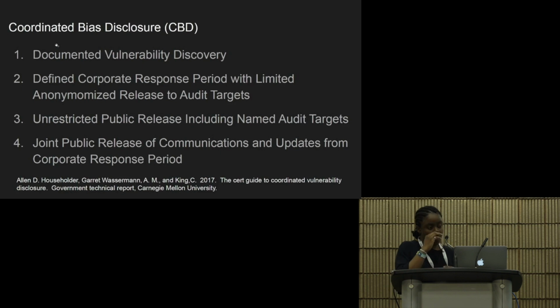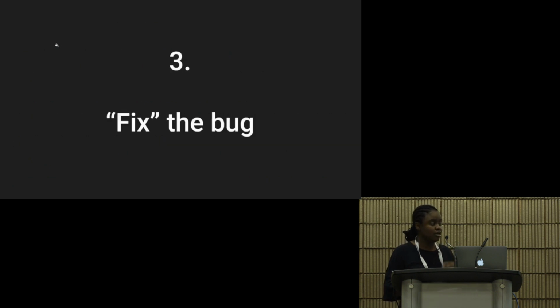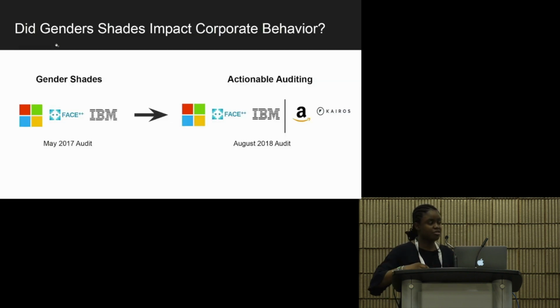We followed a similar procedure for communicating about the biases and discrimination in commercial APIs. You document the vulnerability and define a period of time where you communicate it to different corporations. After communicating it to these corporations without identifying the other corporations involved in the audit, you give a public release and name each of the audited targets. We did that, and we had similar results in impact.